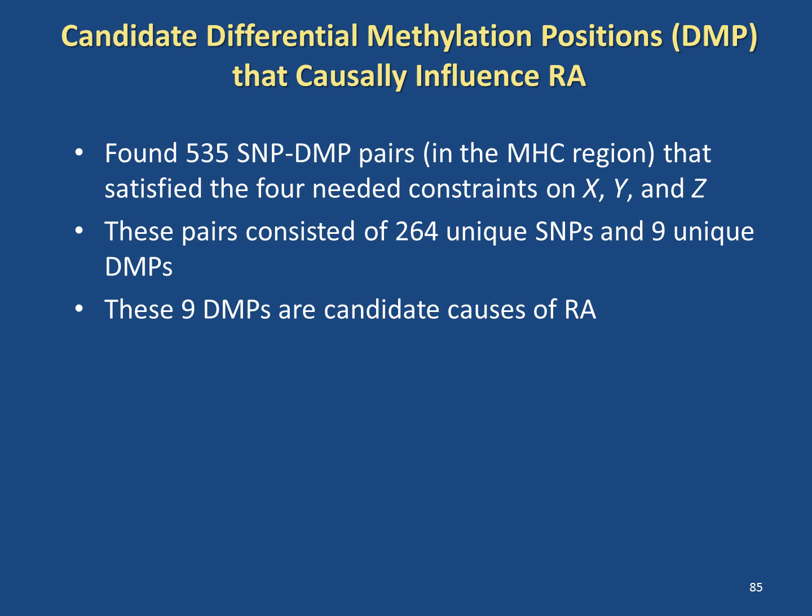So these 9 DMPs are candidate causes for rheumatoid arthritis, because just like in our simple toy example, we found that Y was an unconfounded cause of Z. In this real data, these 9 satisfied those 4 conditions, providing support that those DMPs, namely the Ys, were unconfounded causes of the Zs, namely the rheumatoid arthritis.